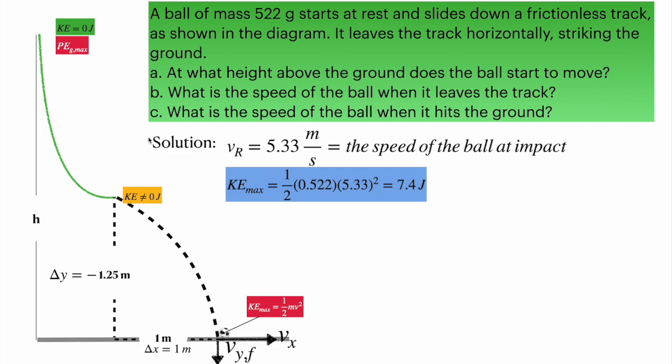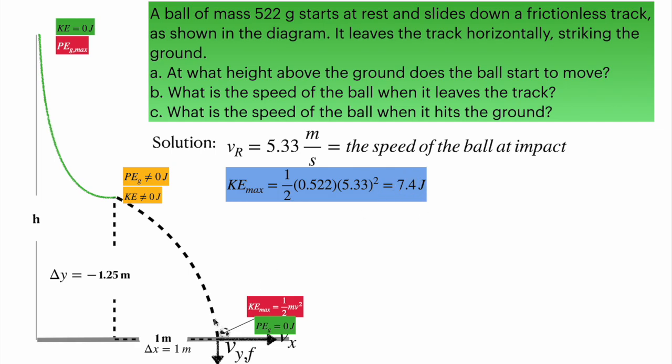Here, potential energy is supposed to be maximum because it's at the maximum height, and kinetic energy is 0. Here, of course, it's not 0, and here it will be 0. So at this moment, the mechanical energy is just this kinetic energy, which is 7.4 joules.